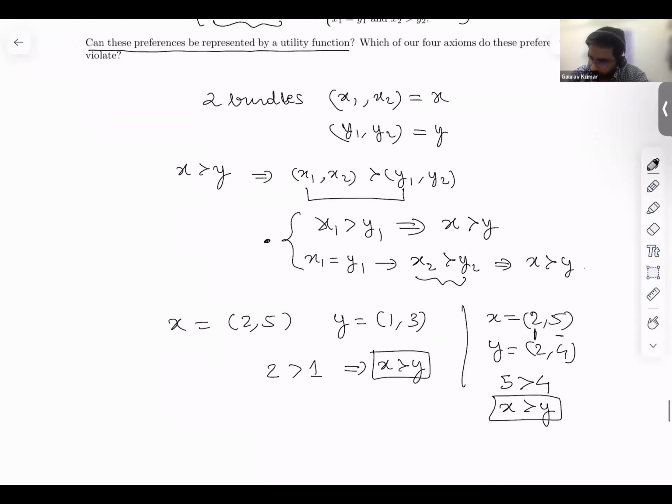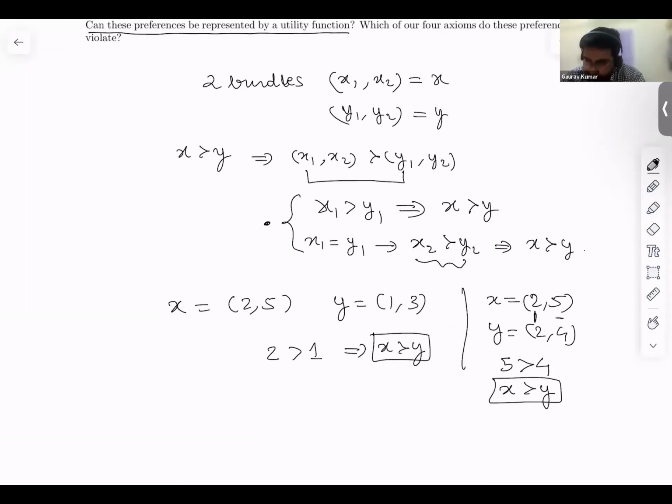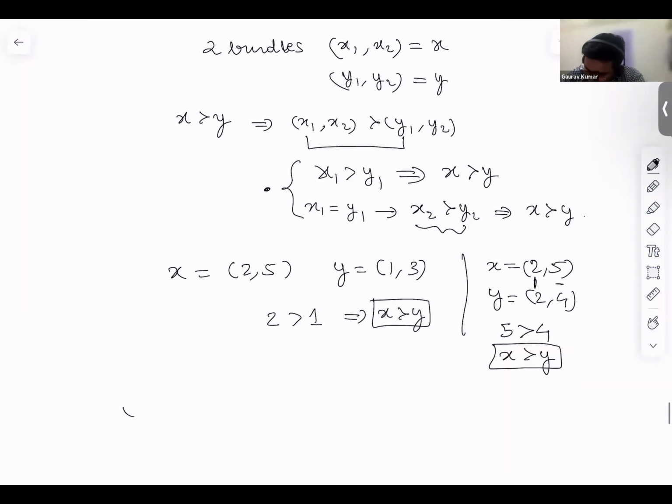I'll just give you a slight detail. You might need these details for exams like IIT JAM and ISI. For others, I don't think they will go into so much depth. This is a preference order, as I mentioned earlier.